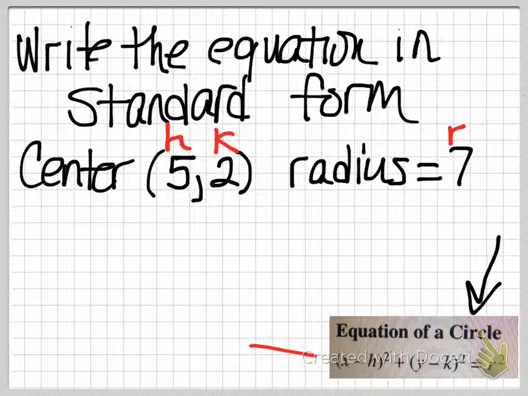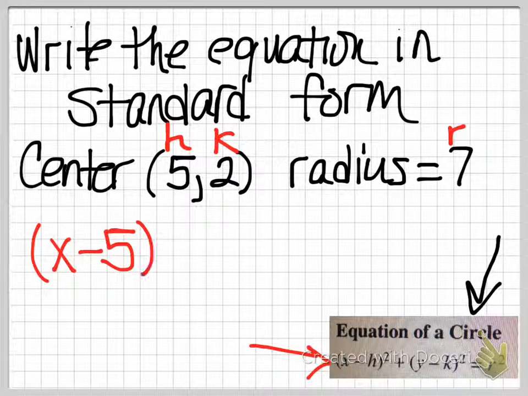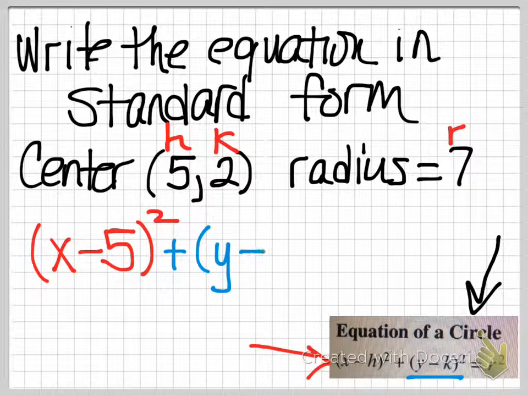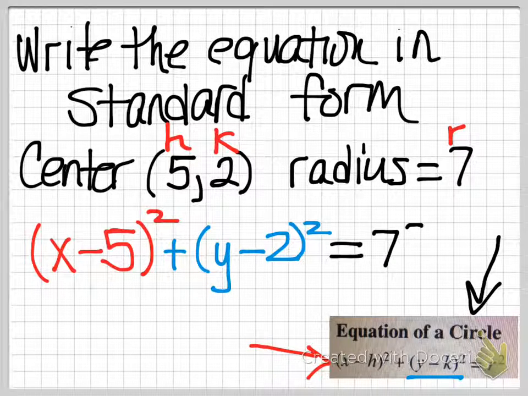So if I substitute my values into this standard form of the equation, I'm going to begin with x, change the sign of positive 5 to negative 5 squared. Then I want to add the y-coordinate, so I'm going to say plus y, change the sign of 2, negative 2 squared. And then my equation says it should equal the radius squared. And I know from my information the radius is 7.